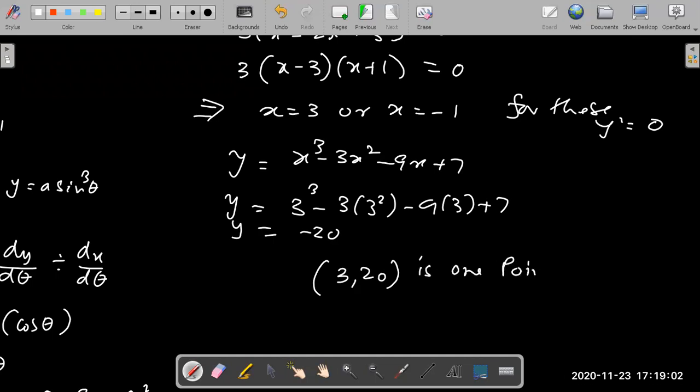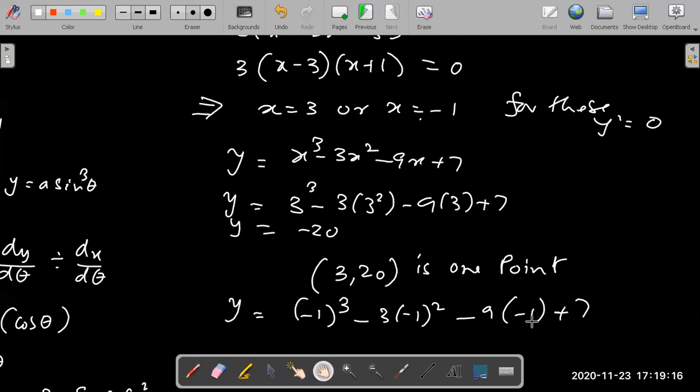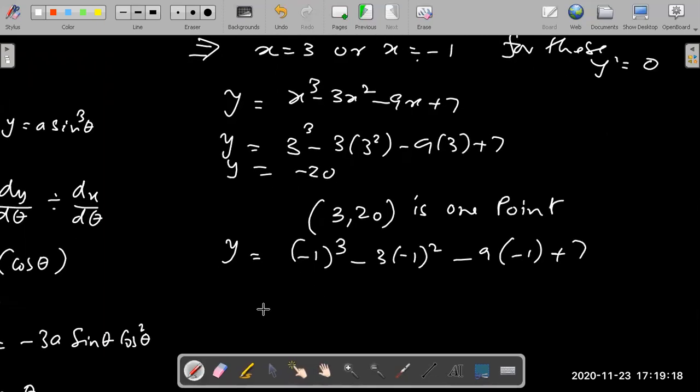So one point is 3 comma minus 20. We need to find the other point. For that, we substitute x equal to minus 1. y is equal to minus 1 whole cube, minus 3 into minus 1 whole square, minus 9 into minus 1 plus 7. So this will give you minus 1, minus 3 plus 9 plus 7.